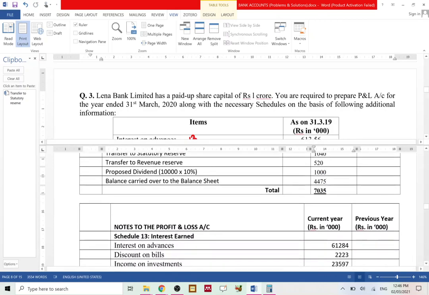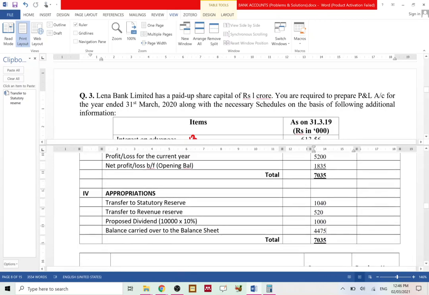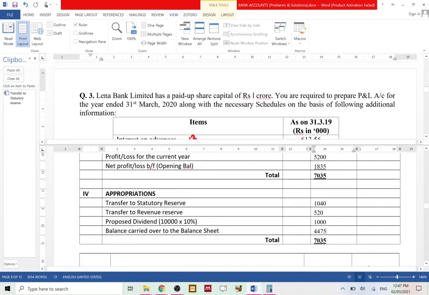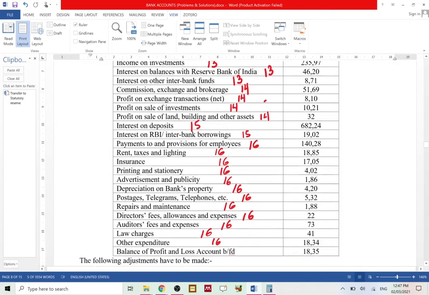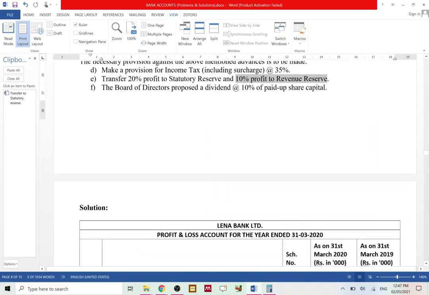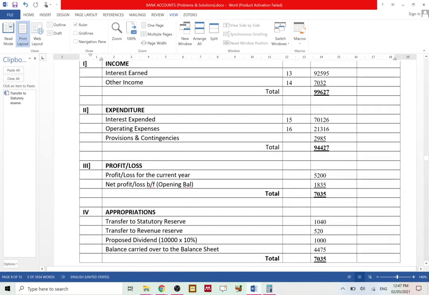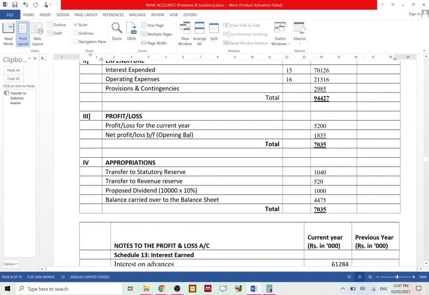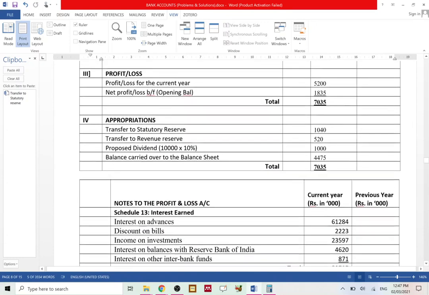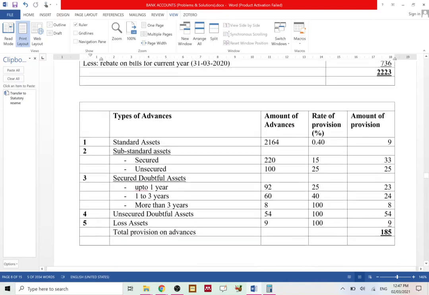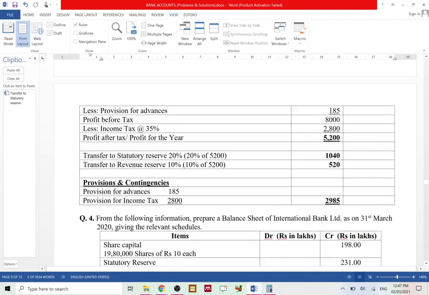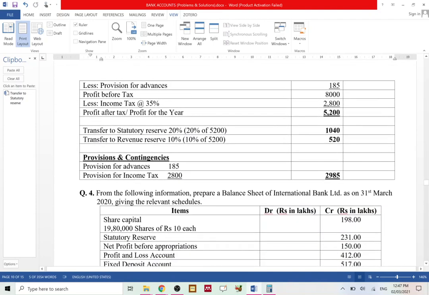So it gets carried forward to the next year. So that is our problem here with all the working notes complete, and different working notes on provisions for advances and everything, and your profit and loss account should look something like this. Okay, so all the schedules and all the working notes included. All right.